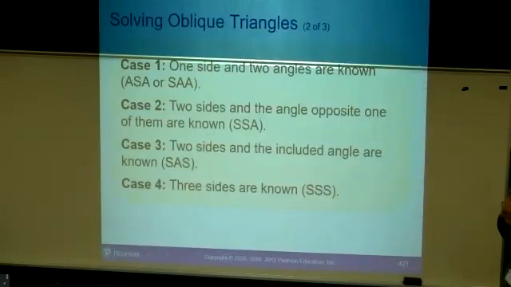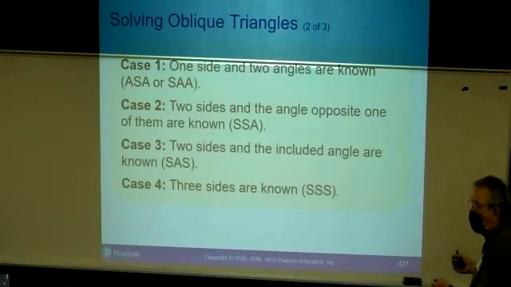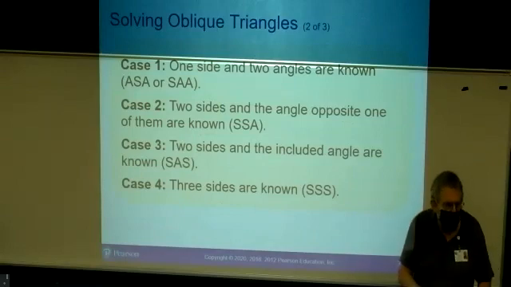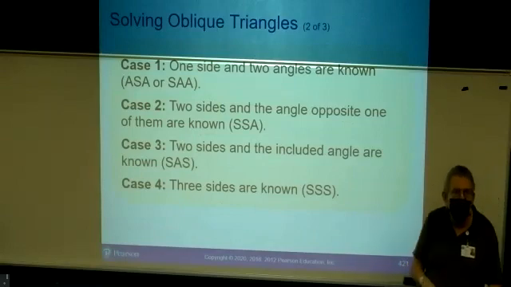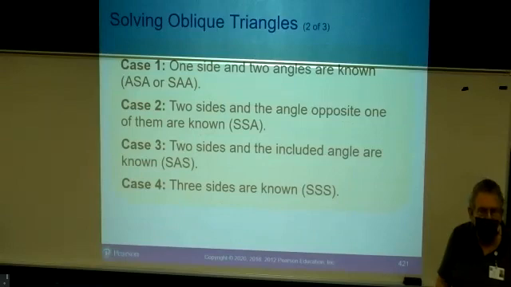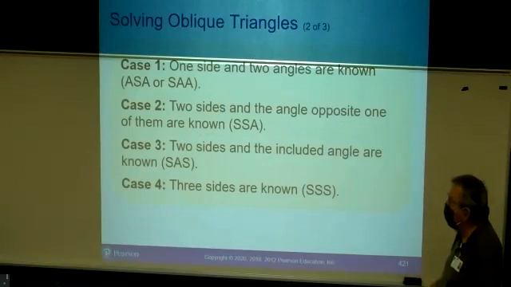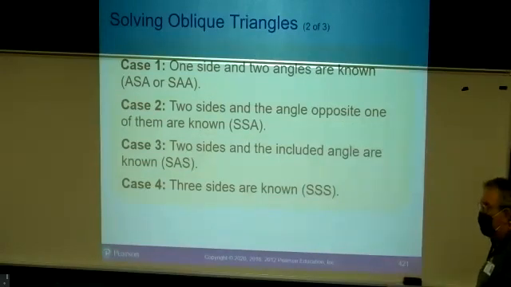An oblique triangle is either an acute triangle, where all three angles are less than 90, or an obtuse triangle, where one of the angles is more than 90.